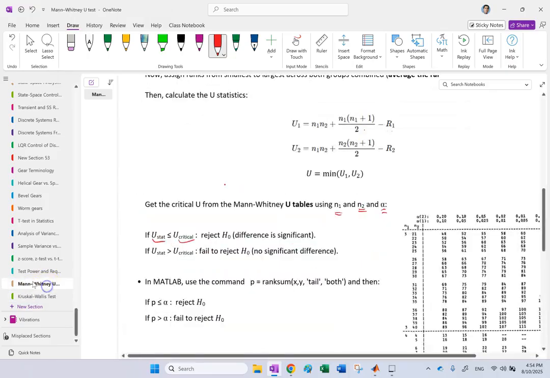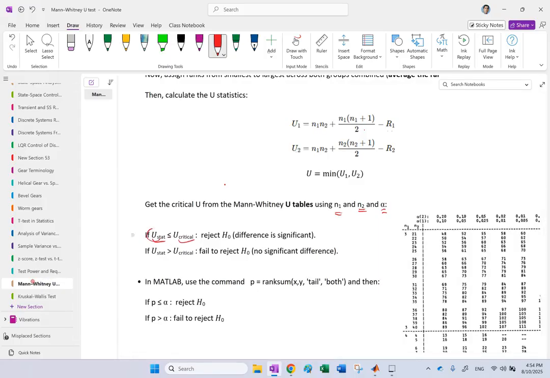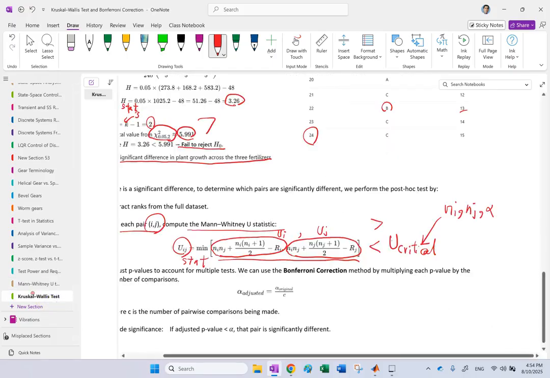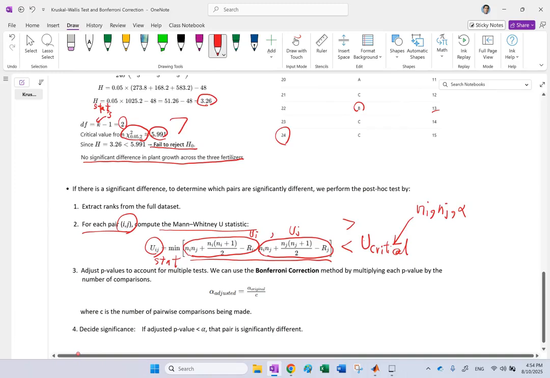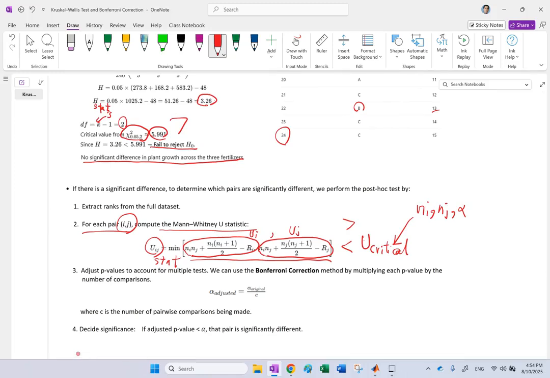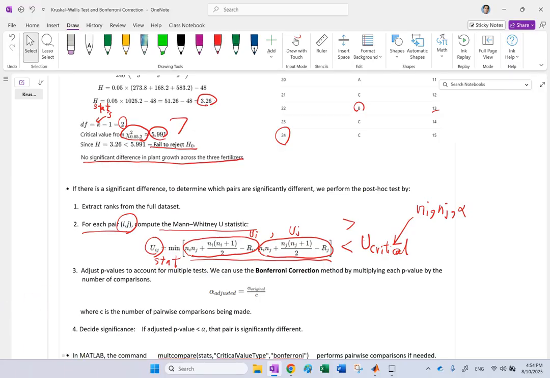different or not. And if you remember, I said for the U test, the hypothesis testing is kind of backwards. If stat is less than critical, you reject it. If it's bigger than, you don't reject it. So it's kind of opposite. In the H test, when I reject H, my H stat should be bigger than H critical.